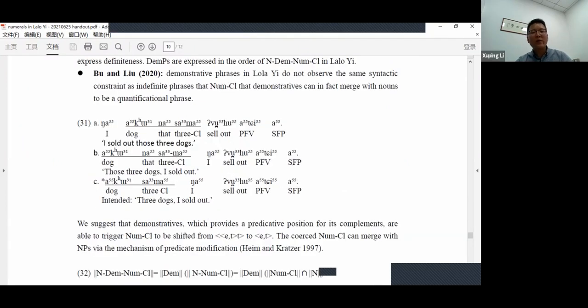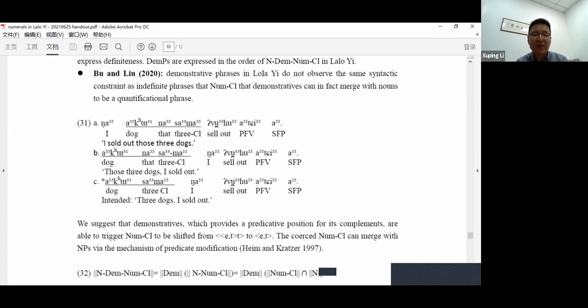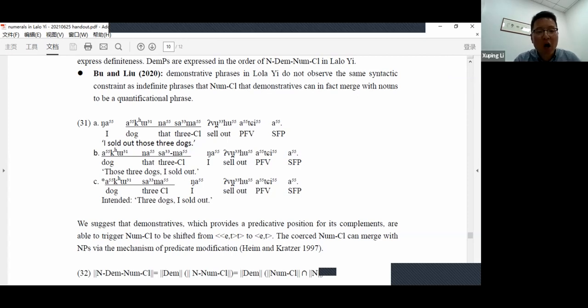There's another puzzle. We were saying you cannot have num classifier in indefinite phrases. They cannot be treated as a phrase, right? But for DMP, it is a phrase. For example, I sold out those 3 dogs. Those 3 dogs can be topicalized as in 31B, right? So it is a constituent. Why is it so?